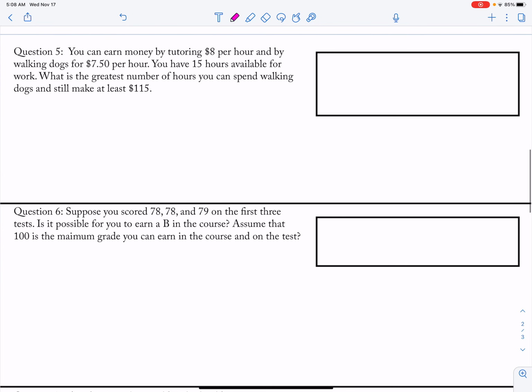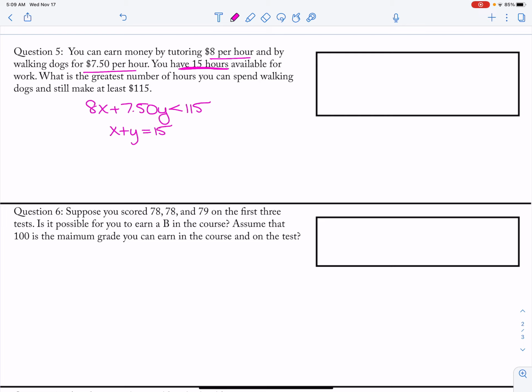Next one. All right, so 8x, tutoring for 8 hours per day, walking dogs 7.50y, and that is at least 115. You have 15 hours available for each day, which is technically x plus y is equal to 15.